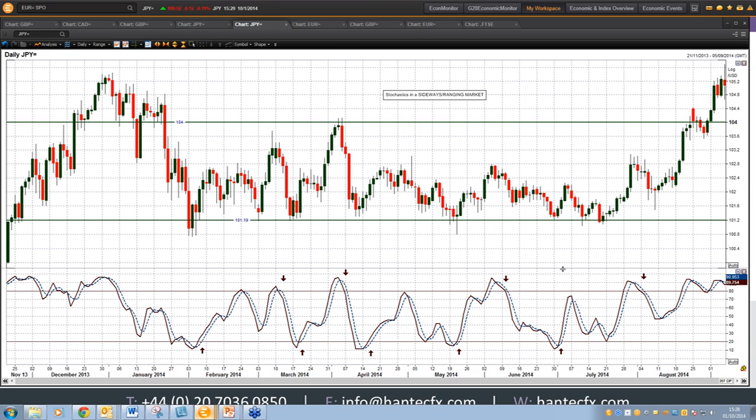So trading in a sideways market when there's no trend, which is exactly what happened to dollar yen for about 7-8 months, using the stochastics in that instance works excellently well throughout this whole sideways period. Pretty much all the buy signals and all the sell signals would have given you a decent profit.